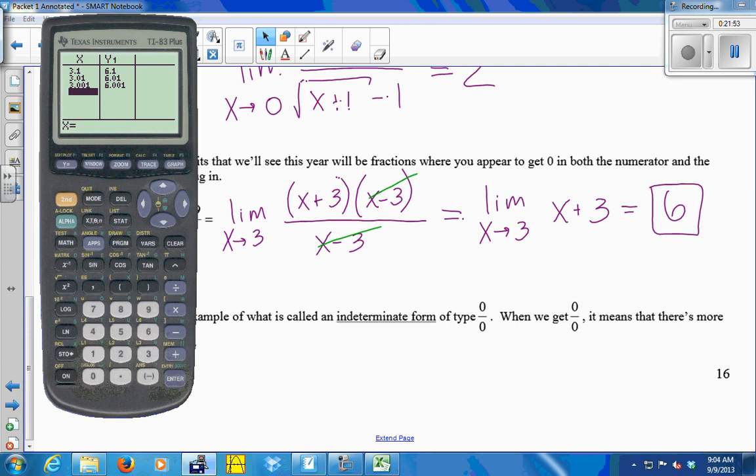Definitely looks like the y values are approaching 6. And then I can approach 3 from the other side, 2.9, 2.99, 2.999. Again, looks like the y values are approaching 6. Okay, so this factor and cancel method seems to work.